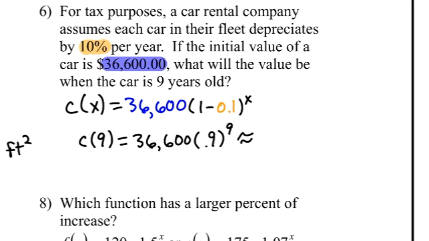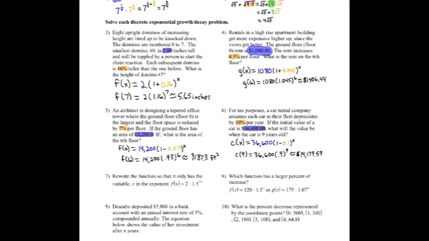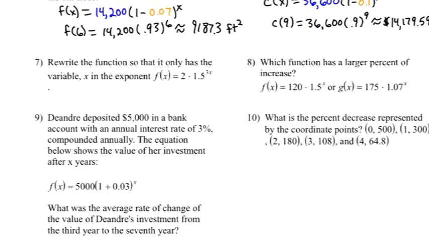The value of cars goes down significantly over time. So $14,179.59. Now, those 4 word problems are a really important part of this module. It's important to know how exponential functions show up in real life.